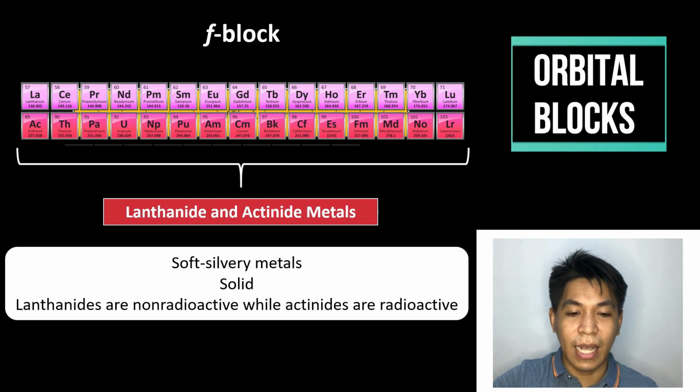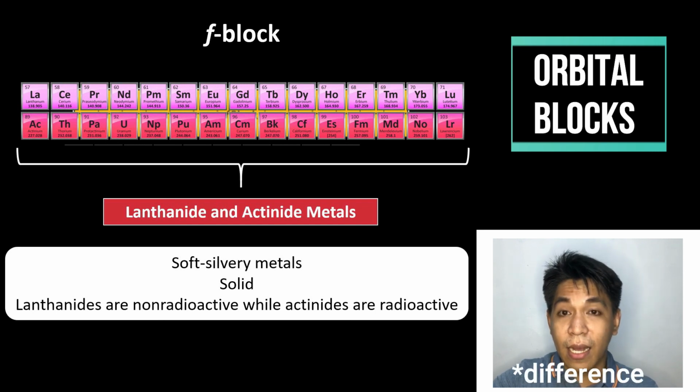Now, all of these elements are basically soft and silvery metals. Most of them, rather all of them, are solid at room temperature, but their obvious difference is that lanthanides are non-radioactive metals, while actinides are radioactive metals.